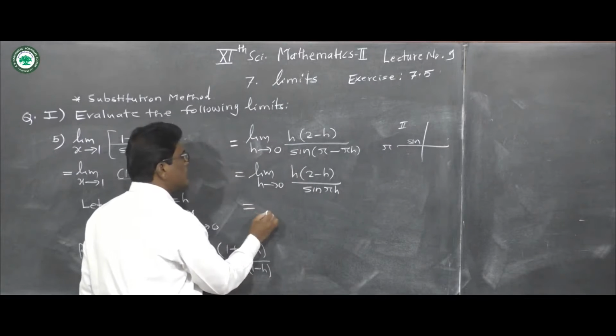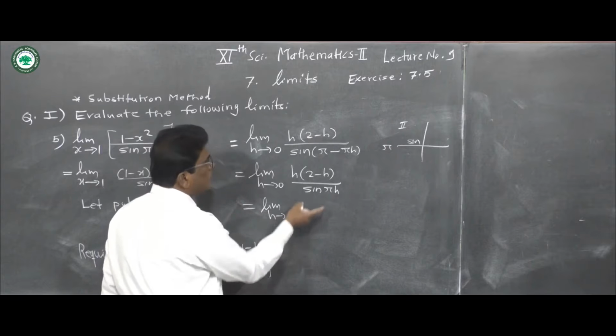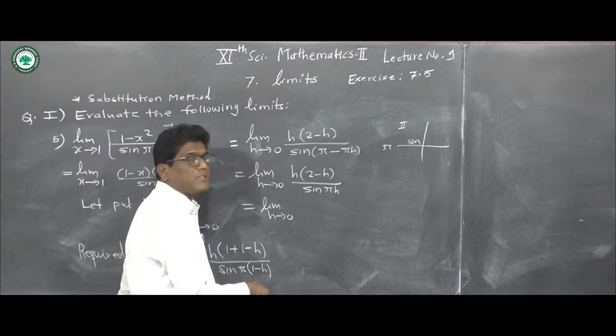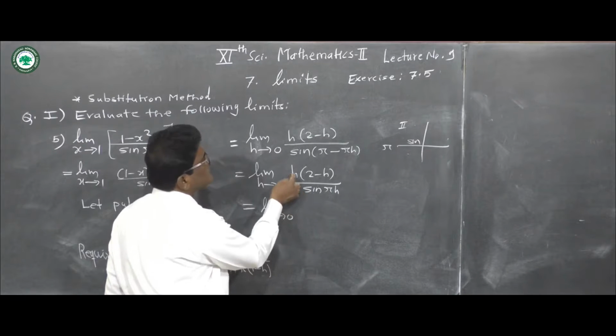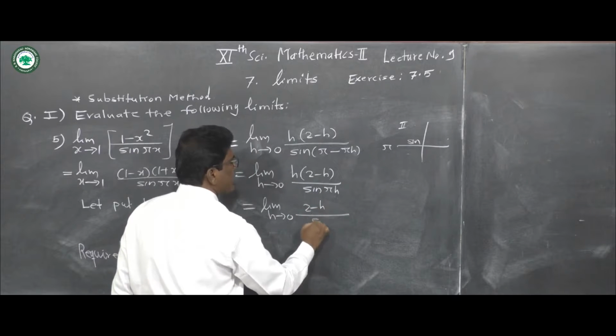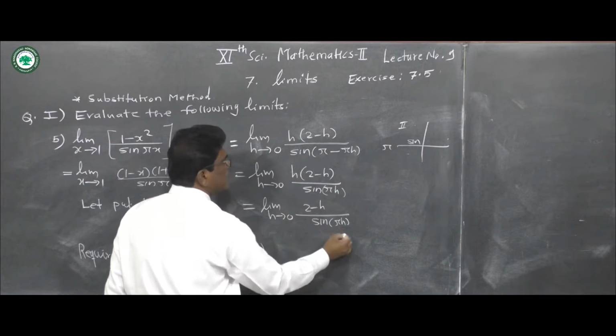So it is equal to limit as h tends to 0. Now here we have to use the standard formula, sine theta divided by theta. So this h we carry here, and we get 2 minus h as it is, and sine of pi h divided by this h.